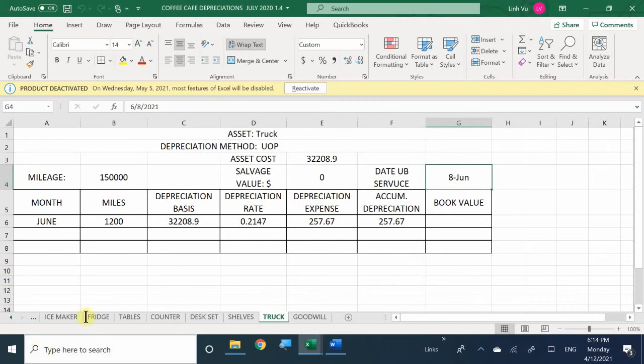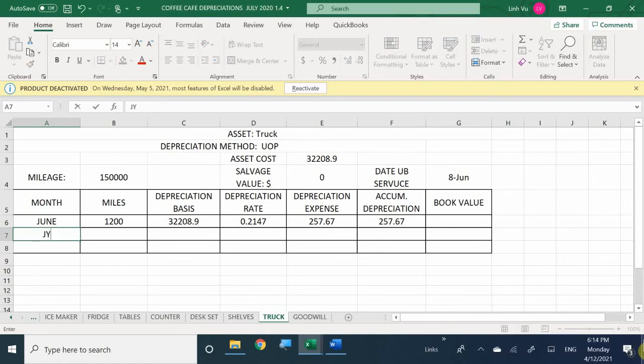Okay, so once again, we're going to be calculating the month of July, and it says that we drove 1,950 miles. So if we remember units of production, it's going to be our asset cost minus our salvage value, which we know to be this amount right here.